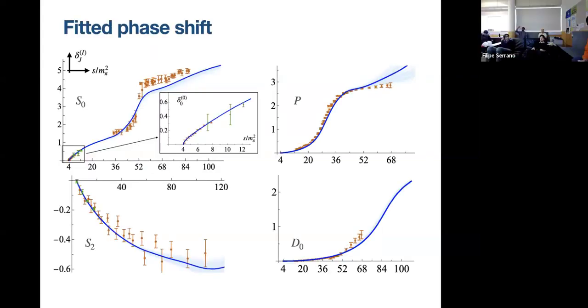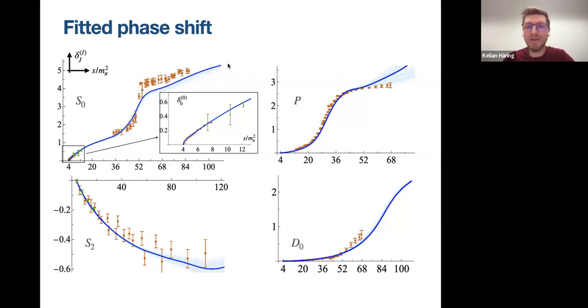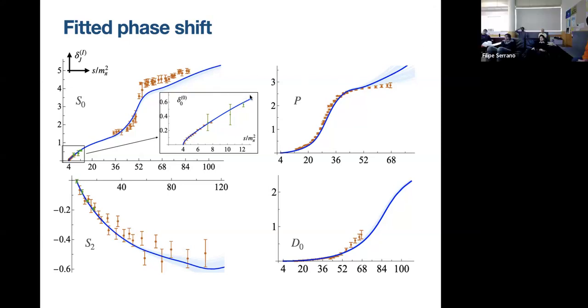So this kind of feature is always there at large S, right? Does that have anything to do with your systematics, or the data, or something physical?